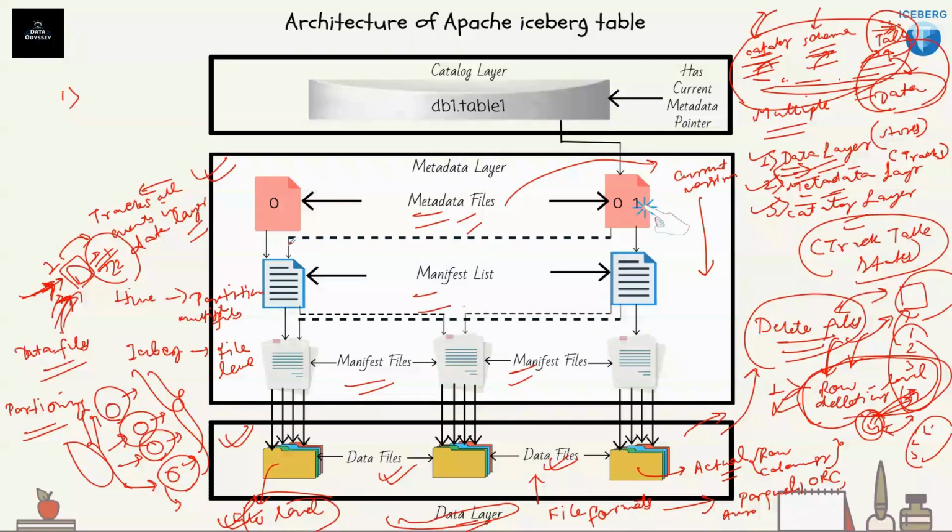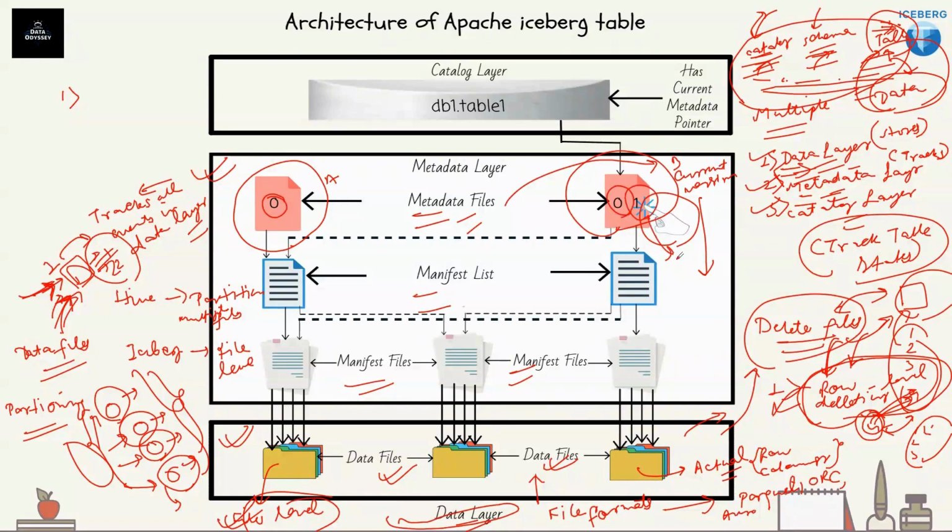What you can see on the screen over here, we have the metadata file A and the metadata file B. Now you can see a finger over here. Why have I put this on the diagram? File A has the zeroth snapshot, the first version of the data. Then file B has the zeroth snapshot, that means the first version of the data, and it also has the first snapshot.